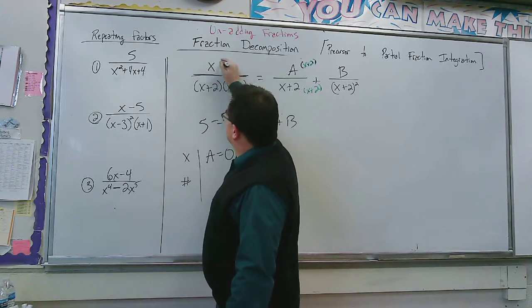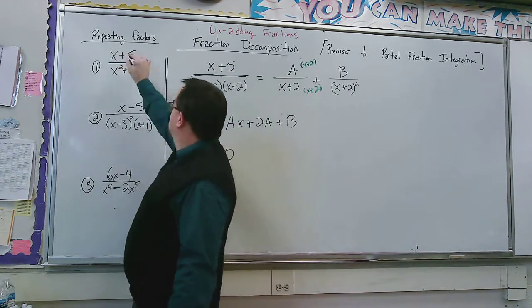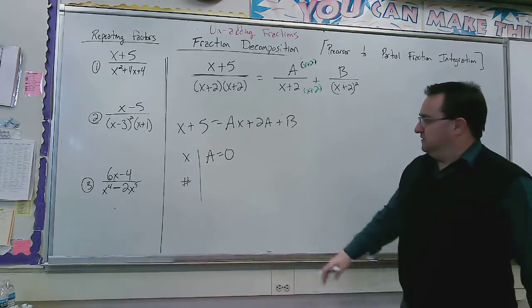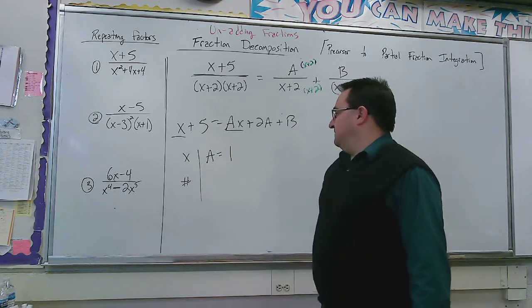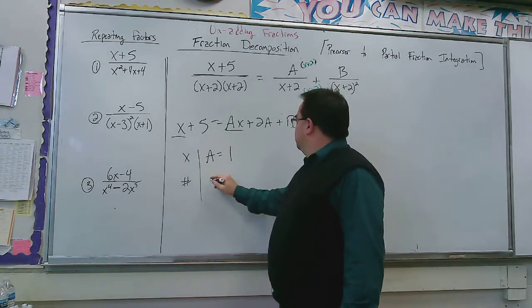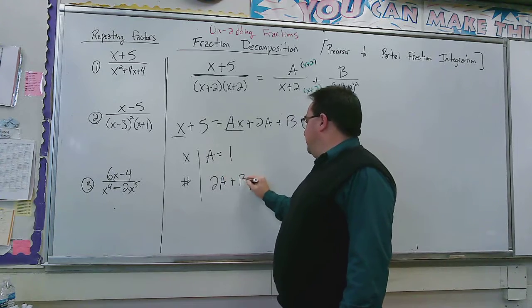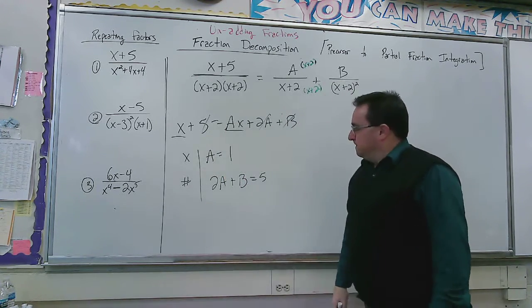Let me make this x plus 5. I don't want this to totally collapse like that. So we have, all right, so now we'll have something there to set it equal to. And this is 2a plus b has to equal 5. 2a plus b equals 5.